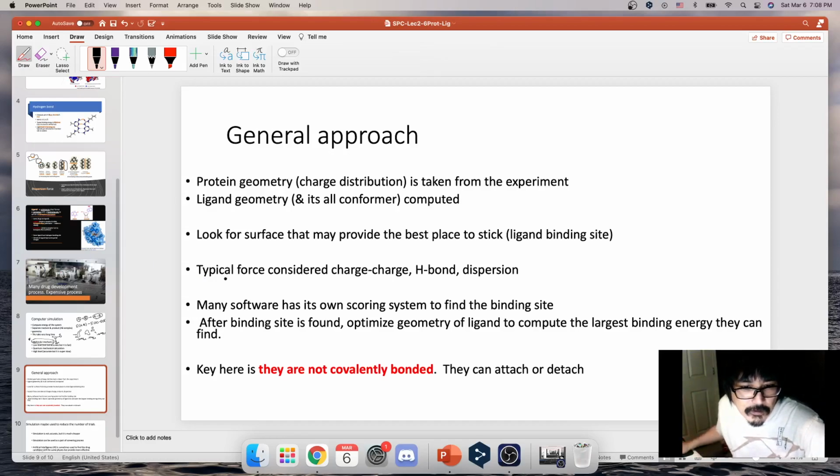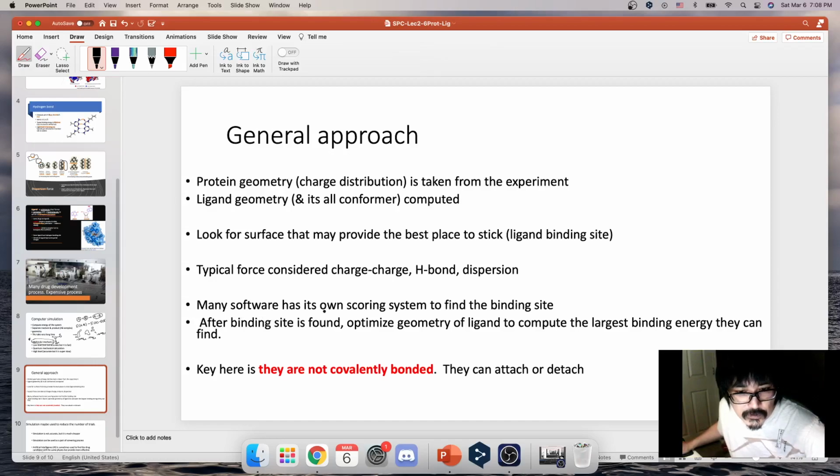And when you try to find these things, your model should contain the charge-charge interactions, hydrogen bond, and dispersion. All of those should be in your search algorithm.